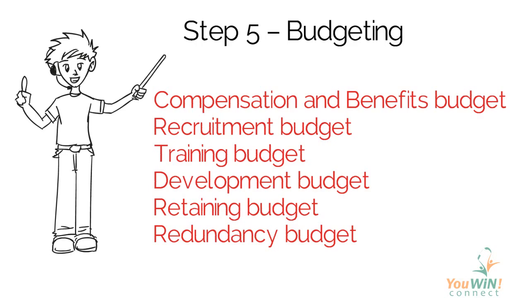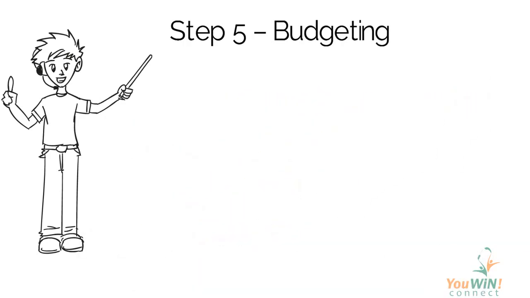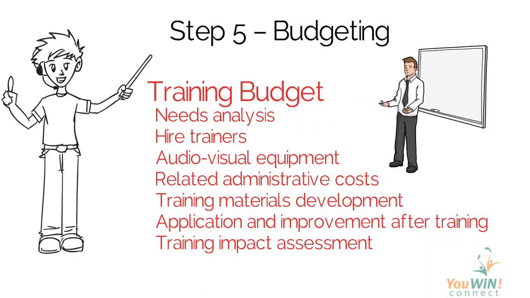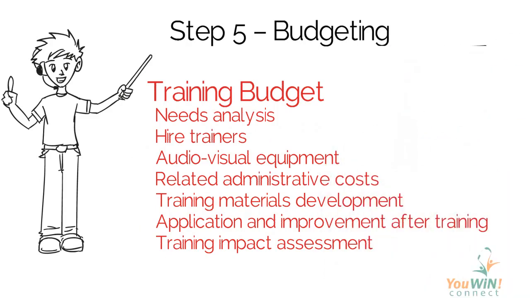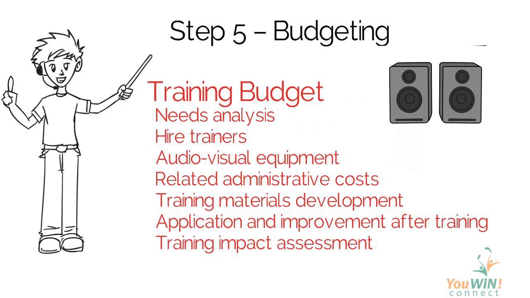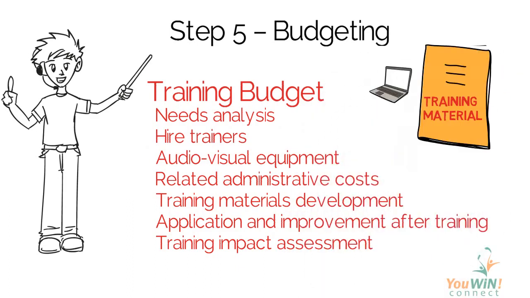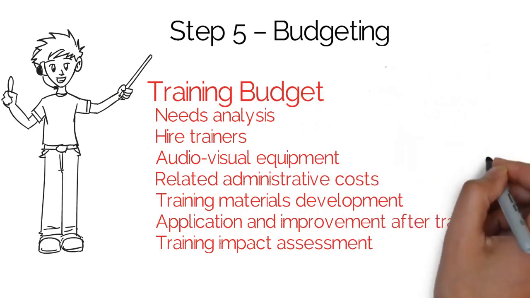A breakdown of the training budget shows that we need to budget for the training needs analysis, hiring trainers, the audiovisual equipment that will be used for the training, other related administrative costs, the training materials to be developed.